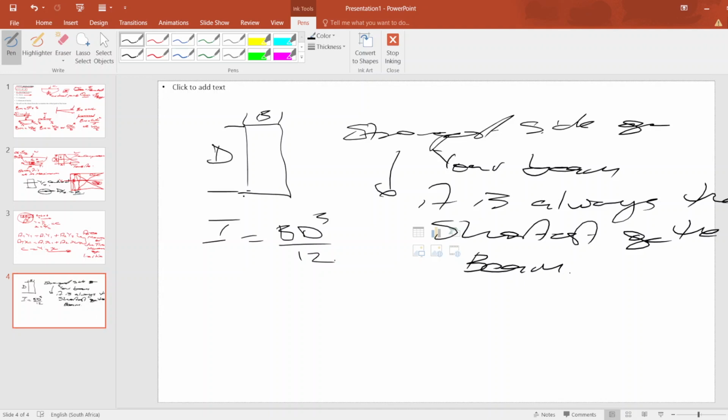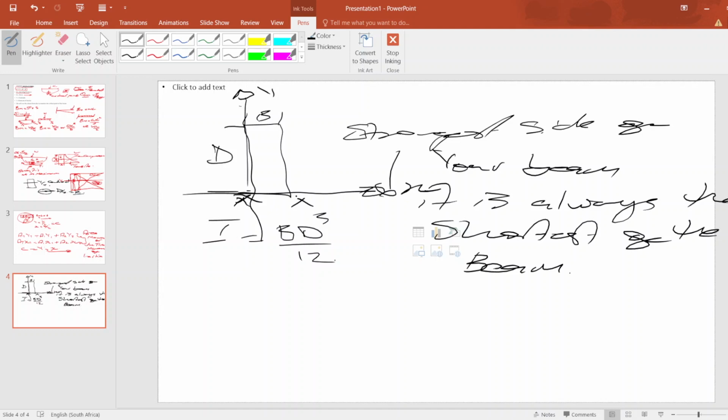In this case, if this is where I've taken moment in determining the moment of inertia, you can tell that it is at the x-axis, because you always determine it using the x-axis. This is your y, this is your x.